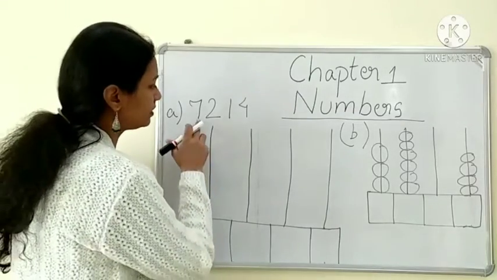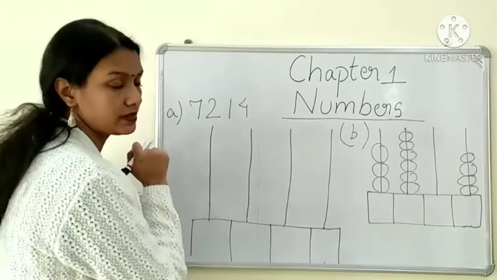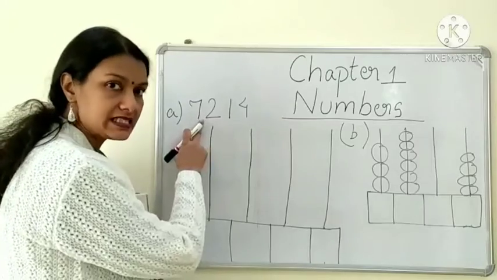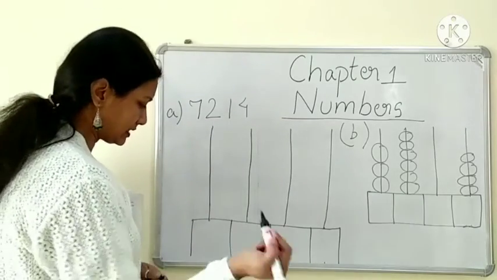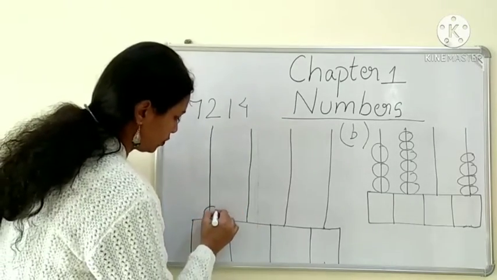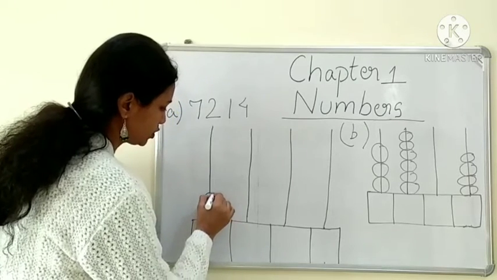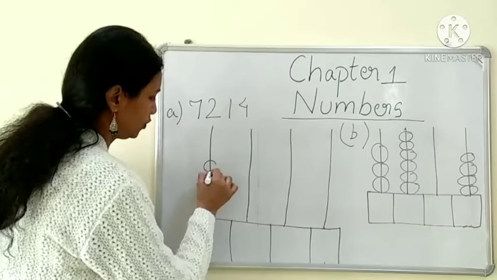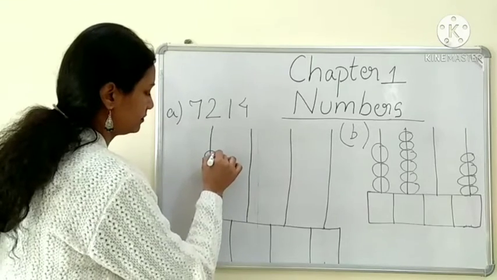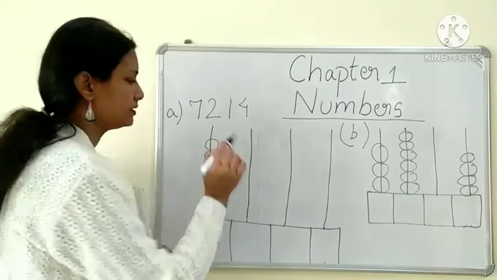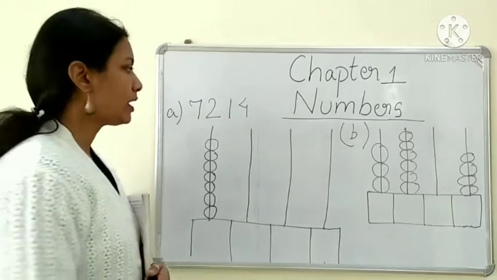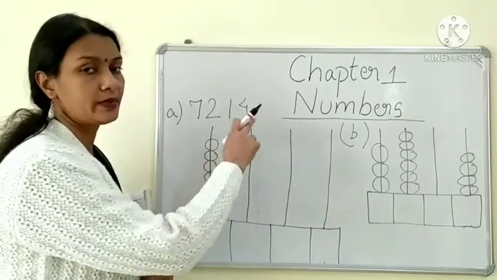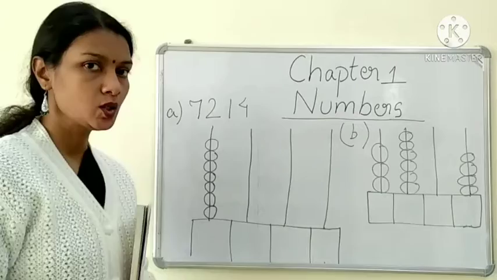So, how many beads are there on the thousands position? 7. So, we will make 7 beads here: 1, 2, 3, 4, 5, 6 and 7. Now on the hundreds place, what number is there? 2. So how many beads? 2 beads.